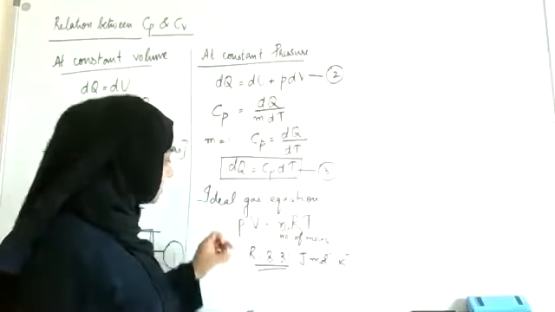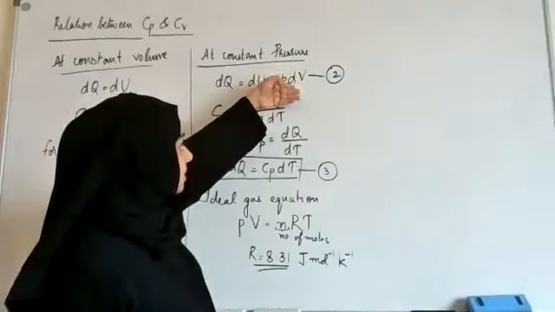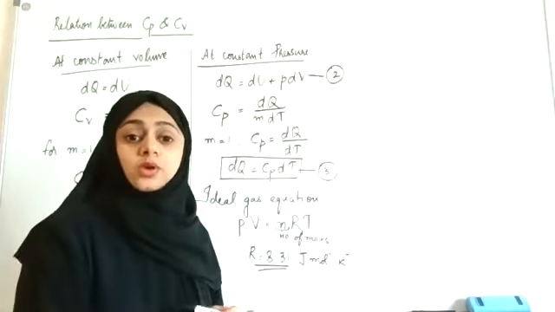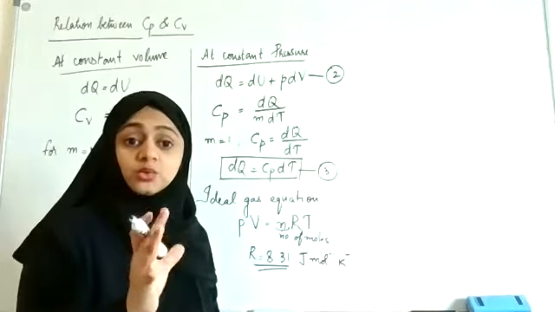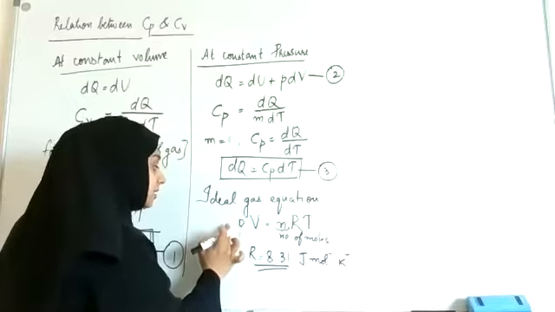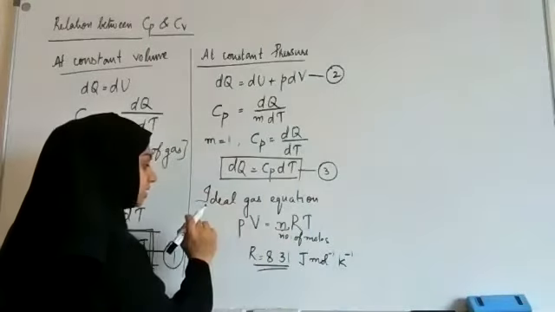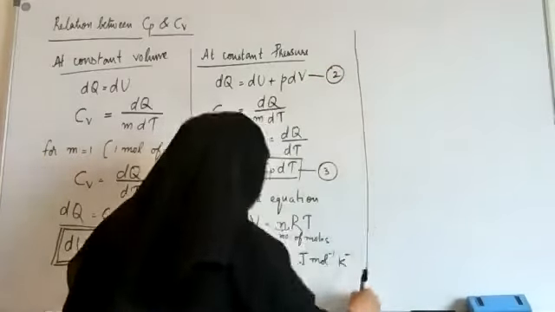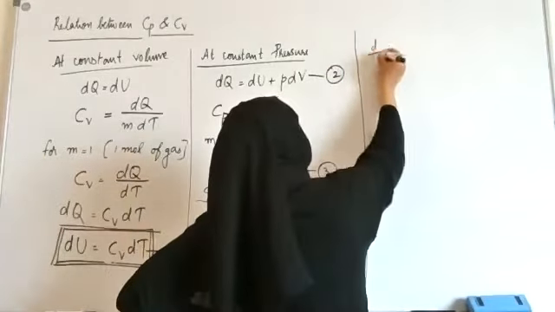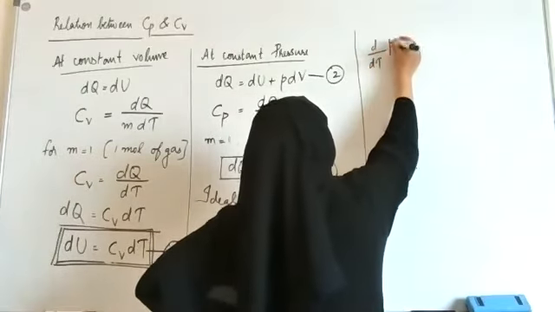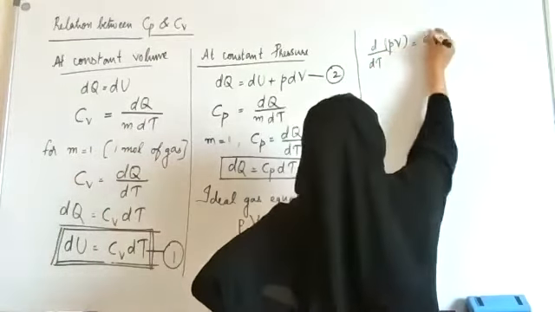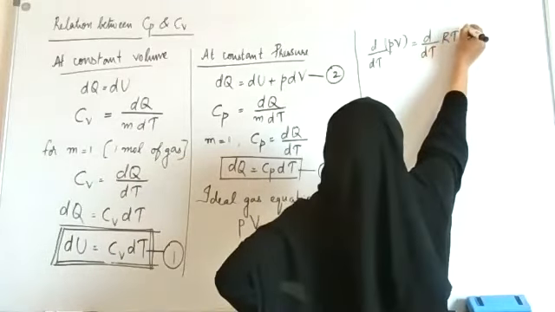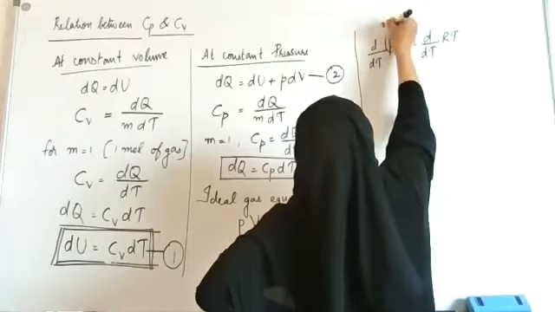Now in this equation, in order to get dV, what I am going to do is differentiate throughout this equation with respect to temperature. So I am going to take d by dT on both sides. So this equation will become d by dT of PV is equal to d by dT of RT, when n is equal to 1.